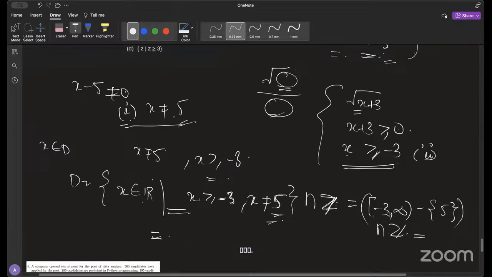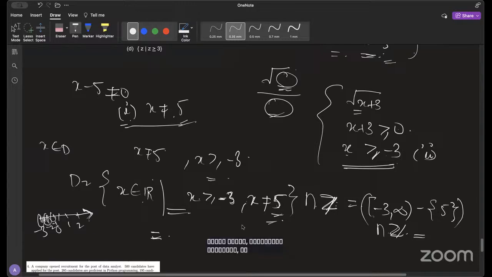Okay. And then you just have to take integers from here. So it's like this. 0, minus 3, and it goes till infinity. So now that you just have to take the integers, you can just remove these parts that are not integers. So it will be this one, then minus 2, then minus 1.